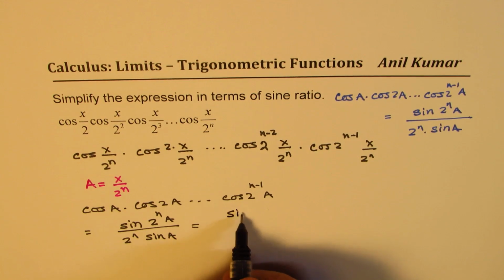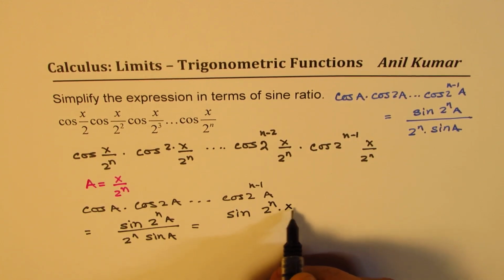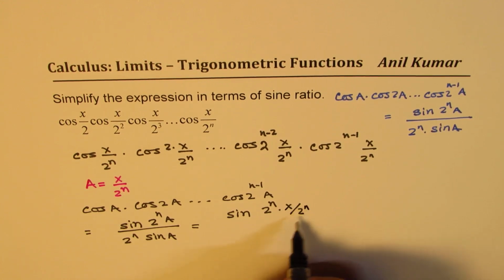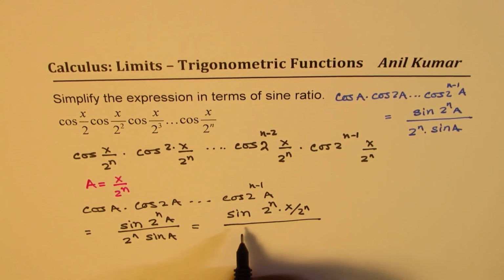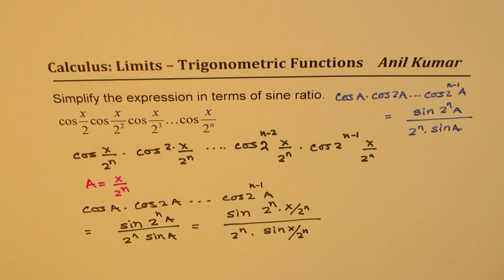So I could now write this as sine of 2 to the power of n times x over 2 to the power of n, divided by 2 to the power of n times sine of x over 2 to the power of n. Does it make sense to you? So that is how we could rewrite this whole series, and that's our result. So I hope that helps, right?